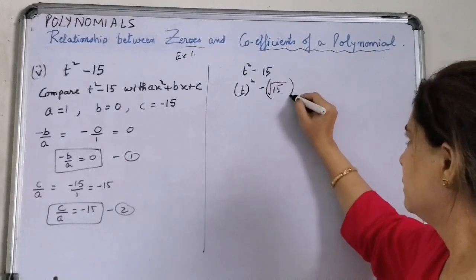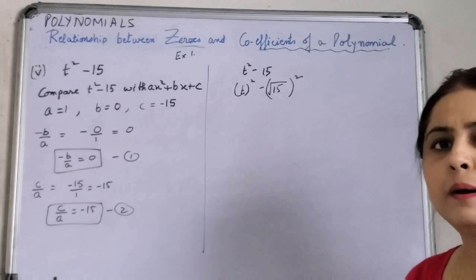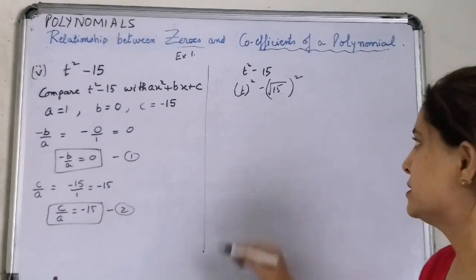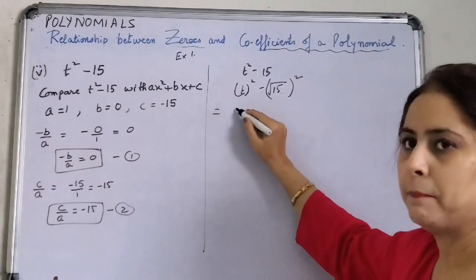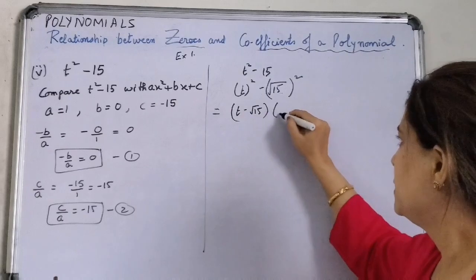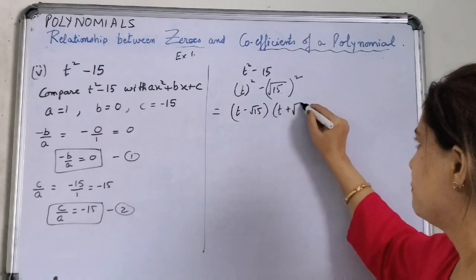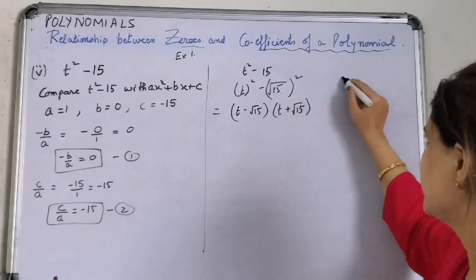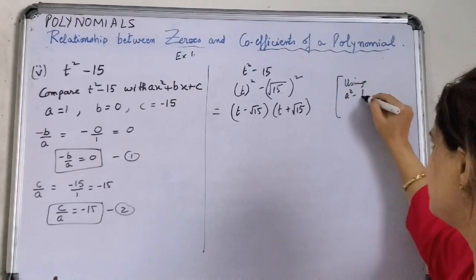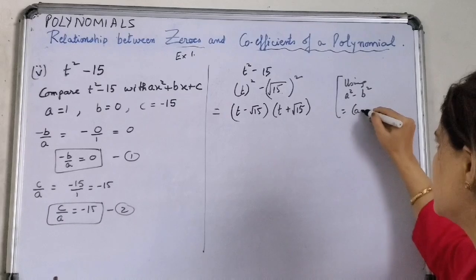So this has become in the form of a square minus b square, and now I can factorize it into a minus b into a plus b. This is t minus root 15 into t plus root 15, putting down in the bracket using a square minus b square is equal to a minus b into a plus b.